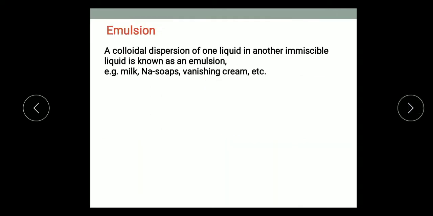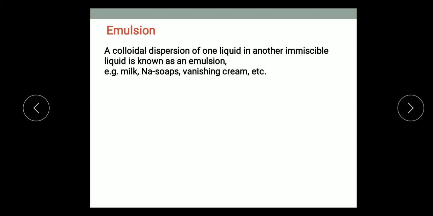Then we come to emulsion. Emulsions are colloids having the dispersed phase and dispersion medium both as liquid. So a colloidal dispersion of one liquid into another immiscible liquid is known as an emulsion.